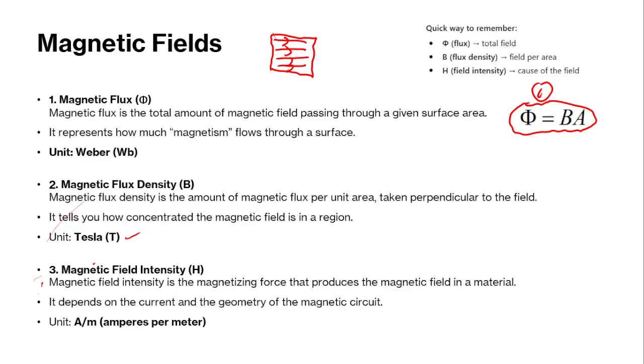And the last one is the magnetic field intensity. The magnetic field intensity is the magnetizing force that produces the field in the material. When you have a bar, North Pole, South Pole, you have these lines that go around.